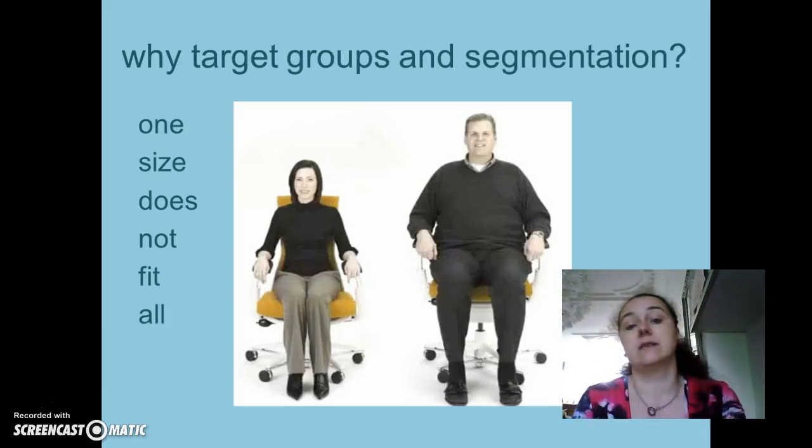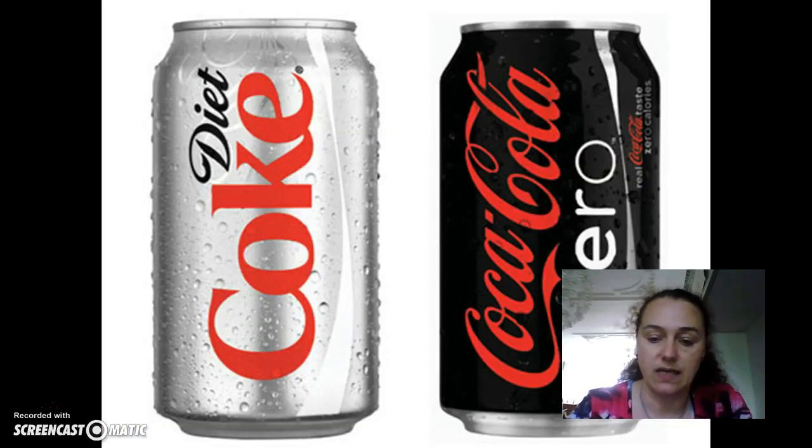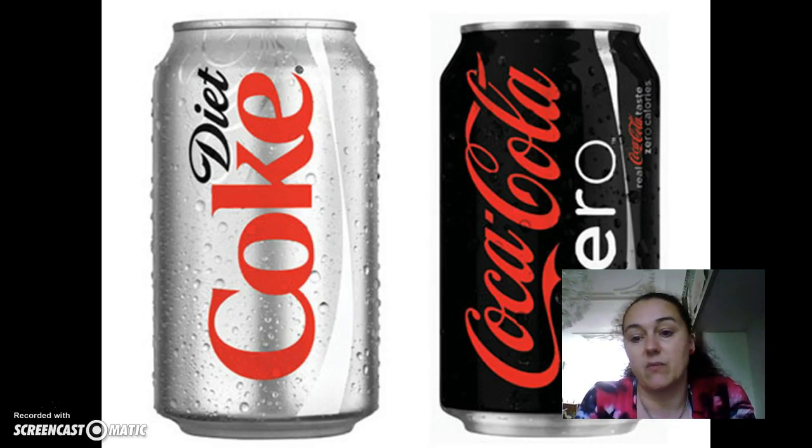So why target group and segmentation? Well, the most basic idea is that one size does not fit all. That's very obvious, and I think most of you can think of different types of segmentation for people who simply need something different. But there are also types of segmentation where your product can be really similar, but the segment you're aiming at is very different.